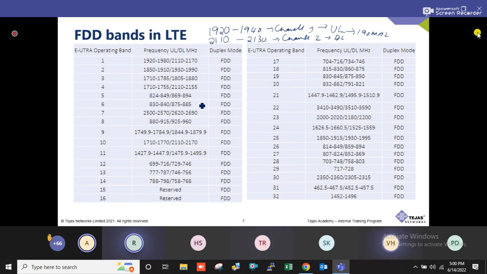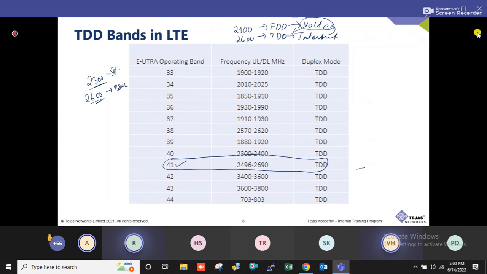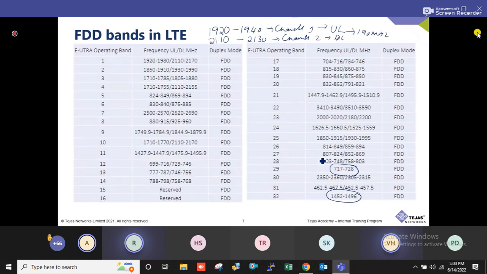Okay, see, the basic thing here is with respect to this, right? Yes, correct. Actually, if I'm not wrong, these bands have harmonics with something called L1 GPS.